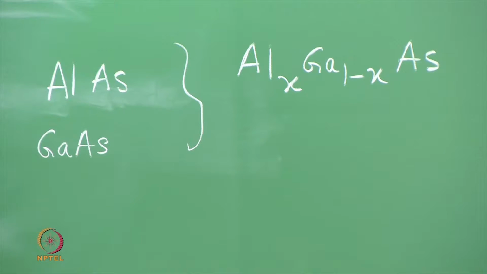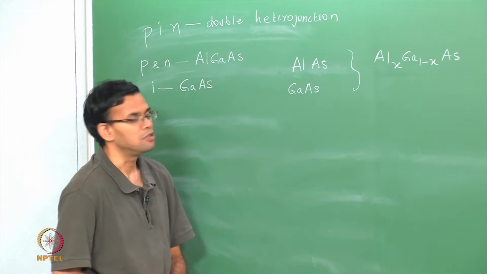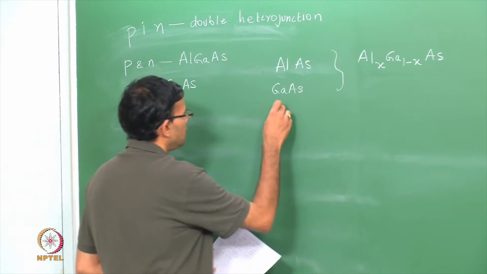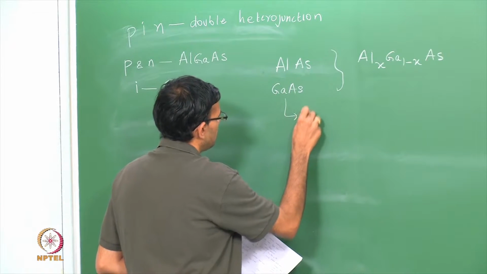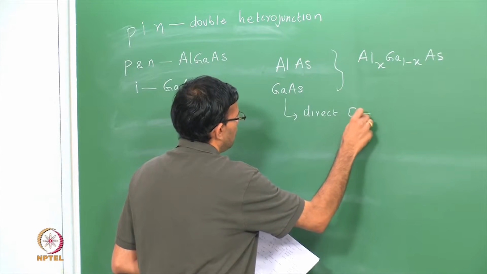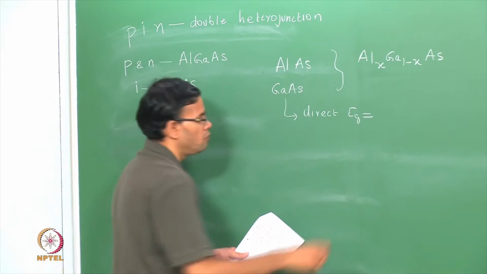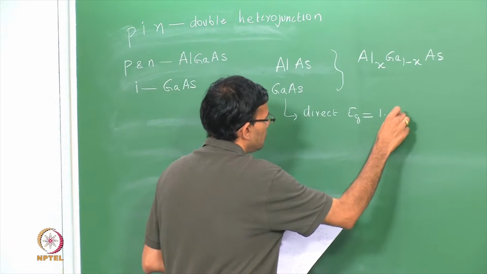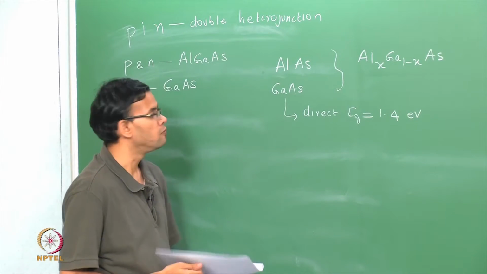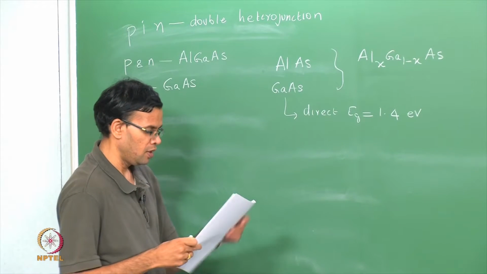So, when x is equal to 1, it is aluminum arsenide, and when x is equal to 0, it is gallium arsenide. Now, gallium arsenide is a direct band gap semiconductor with an Eg of 1.4 electron volts, approximately it is more like 1.42 or 1.43.